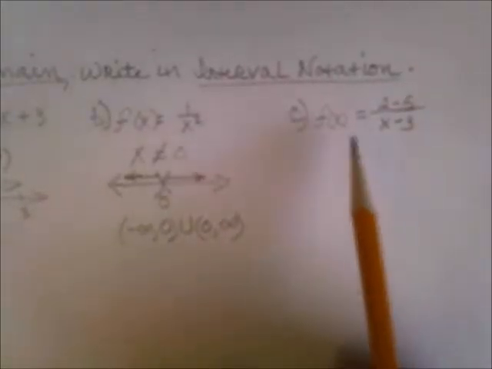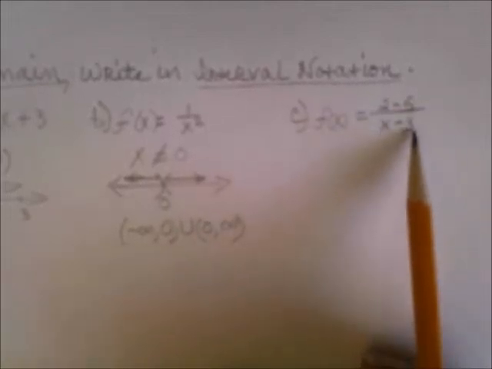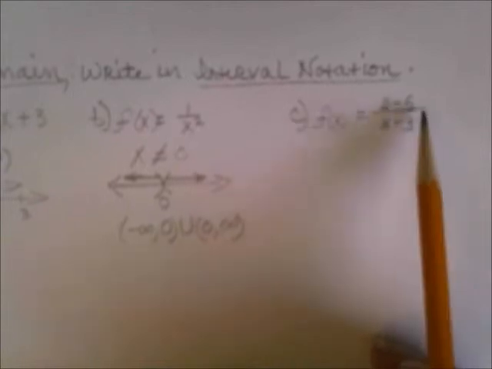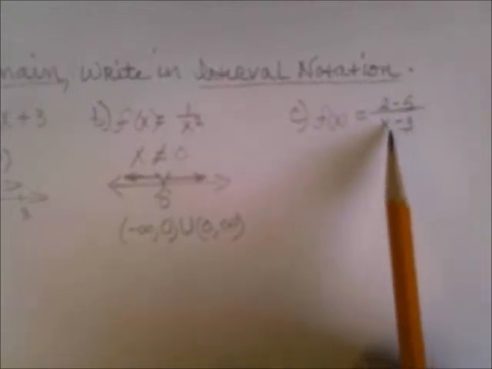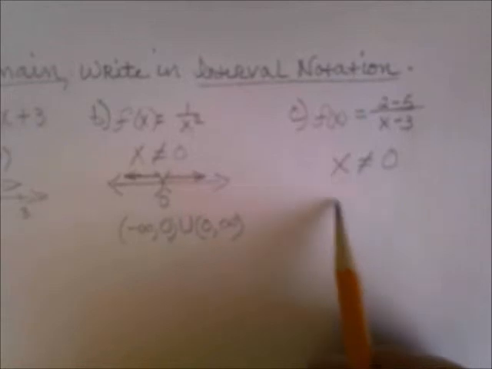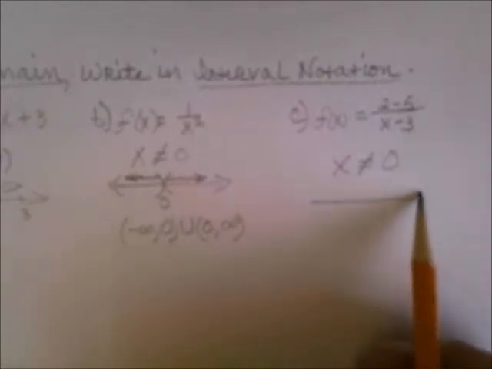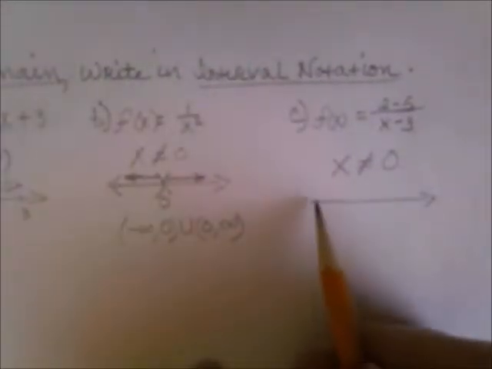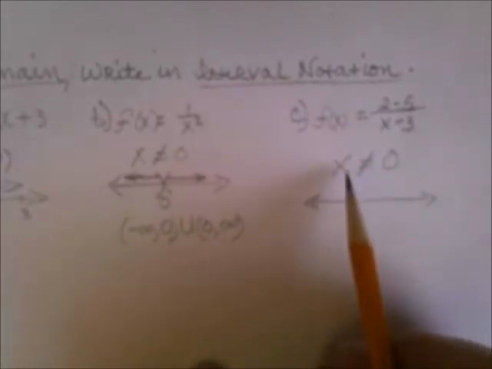Okay, and we look at this one, f of x is equal to 2 minus 5 over x minus 3. Well, 2 minus 5 is negative 3, but x minus 3, and we're looking at that and thinking, well, I guess first we would think about what can't x be equal to.